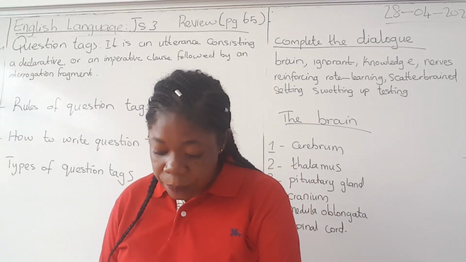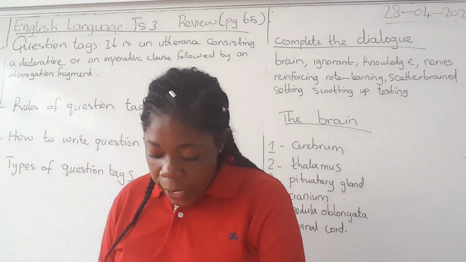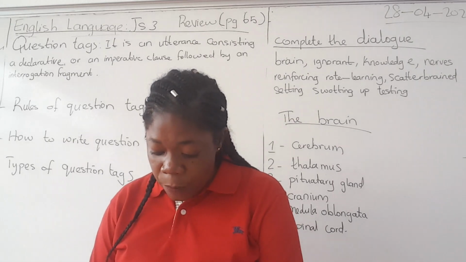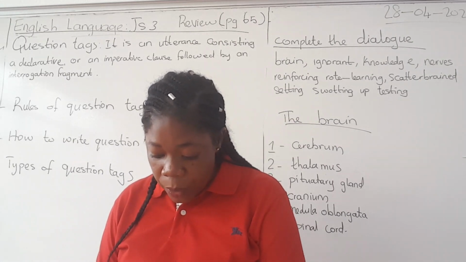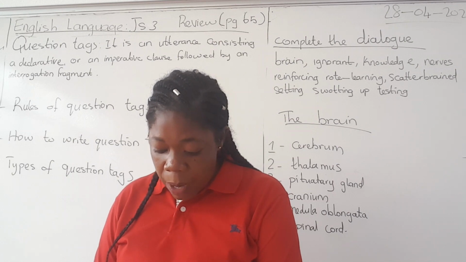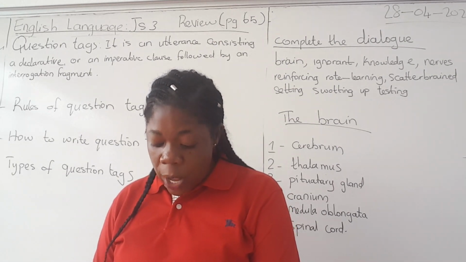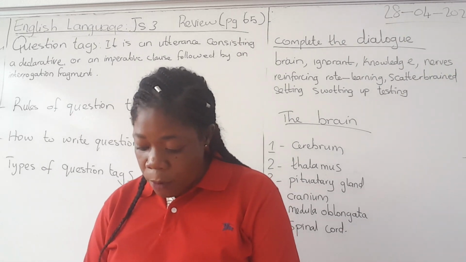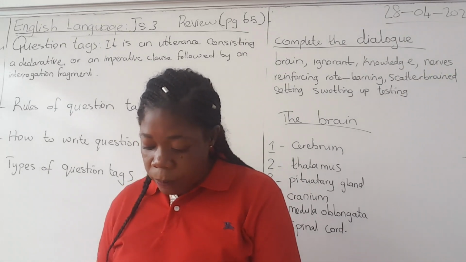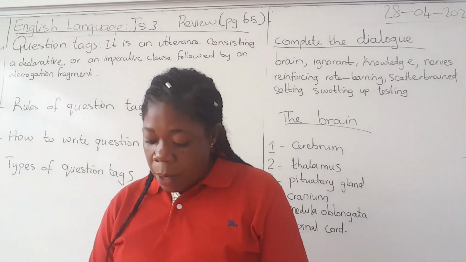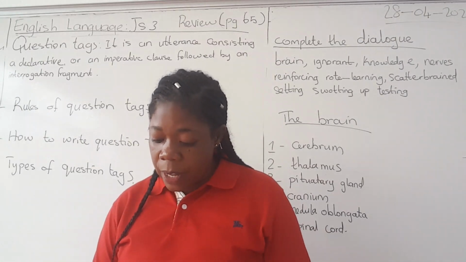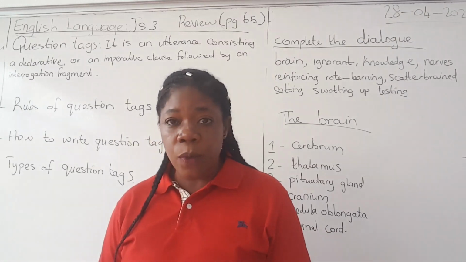Number 1 is cerebrum. That part of the brain is called the cerebrum. Number 2, thalamus. Number 3 is pituitary gland. Number 4, cranium. Number 5, medulla oblongata. And number 6 is the spinal cord.